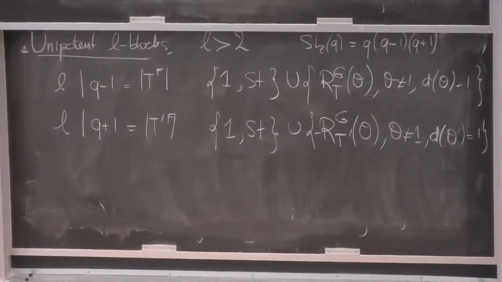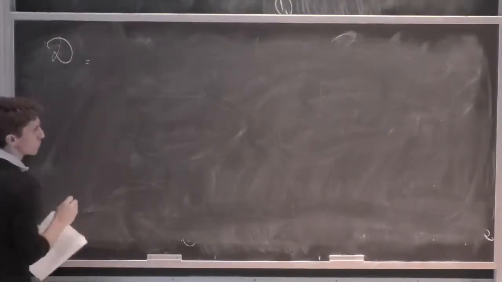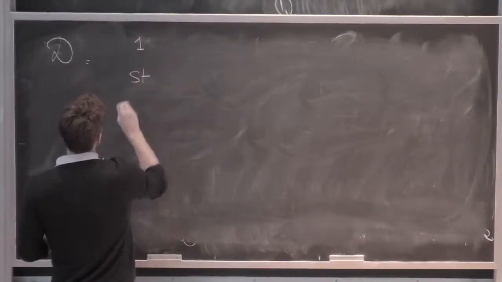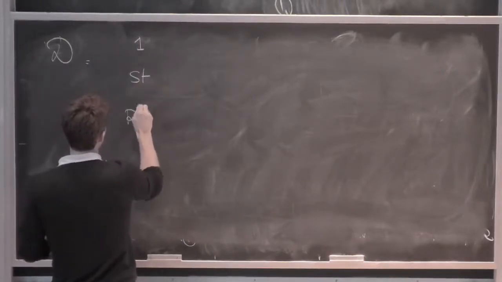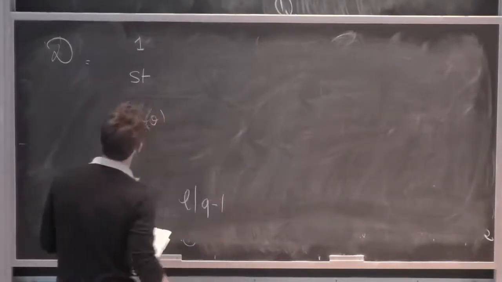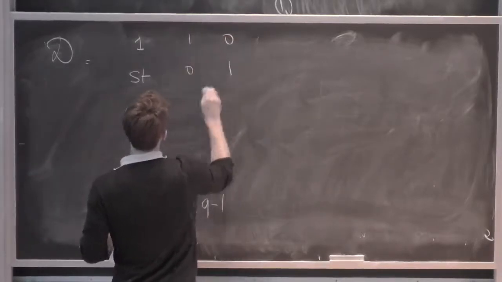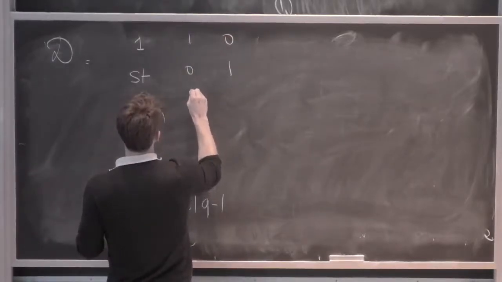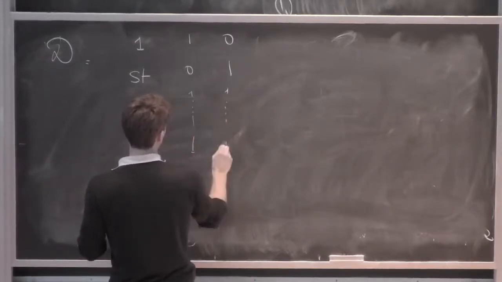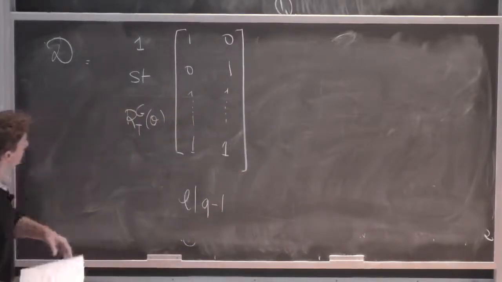But here it would not be so clear. If you look at this decomposition matrix restricted to unipotent blocks, you have 1, Steinberg, all the R_T^G of theta. So when L divides Q minus 1, you'll get 1, 0, 0, 1, then 1, 1, 1, 1. There are two phenomena here.